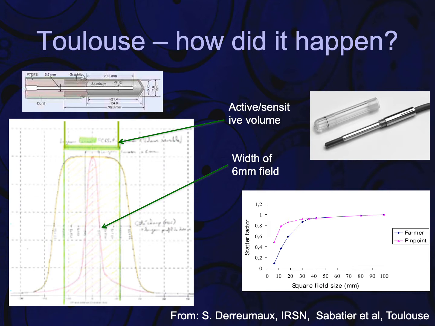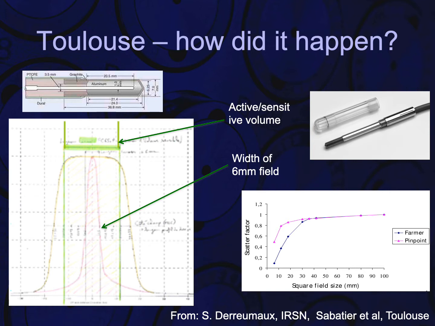And in this chart here, which shows you the scatter factor that's related to the collimator factor versus the square field size, you can see very good agreement between what we call the Farmer chamber and a much smaller, more accurate pinpoint chamber, more accurate for measuring these small fields.